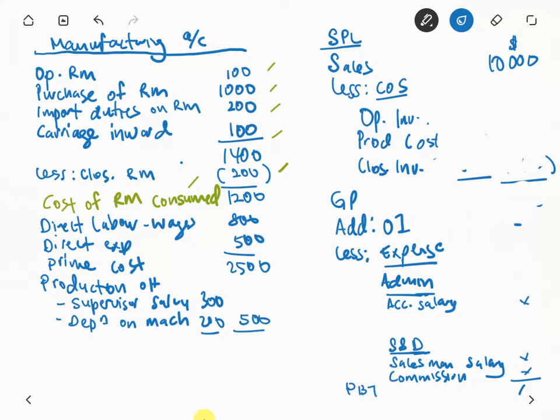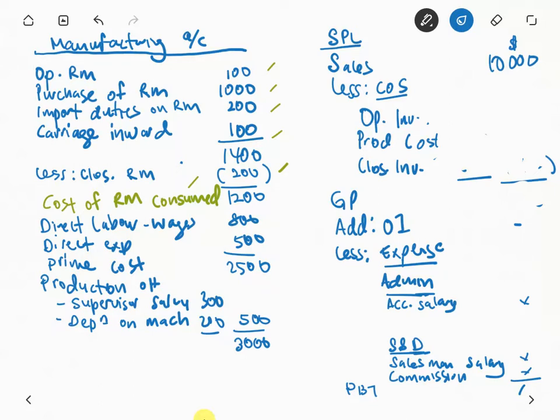Plus or minus? Yeah, when I produce this table, I incur material cost, labor cost, overhead. So material and labor here, overhead here. So total I plus. Okay? So all in all now I incur 3,000.